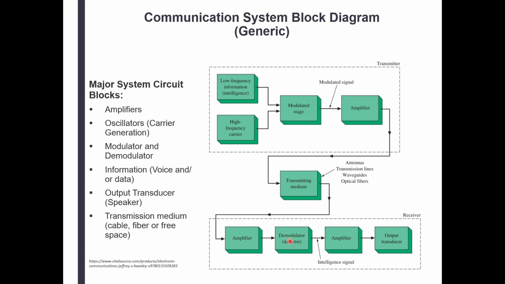So if we modulate the extremely high frequency with extremely low frequency, then the high frequency becomes sort of not obsolete, but not noticeable to us. And that carrier is going to be stripped from that signal, and only the intelligence signal is going to be sent to the amplifier and to the output transducer.